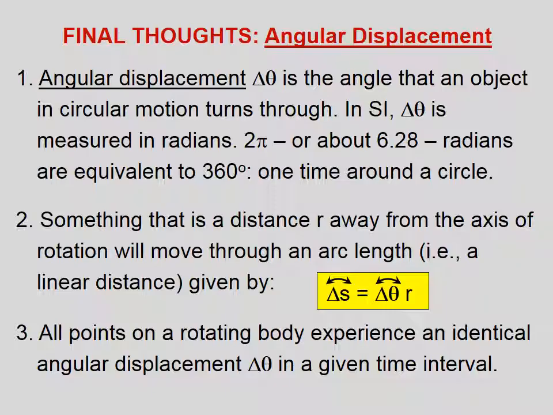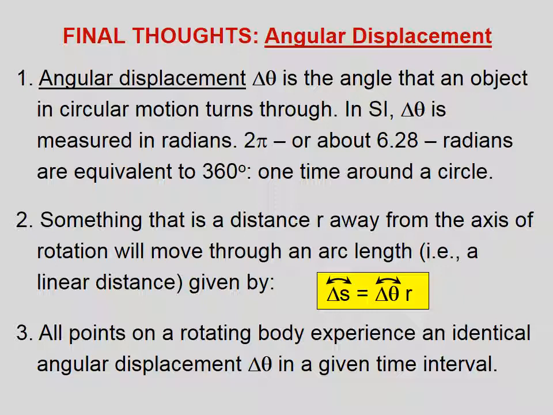Final thoughts on angular displacement. Angular displacement delta theta is the angle that an object in circular motion turns through. In the SI system, delta theta is measured in radians. 2 pi, or about 6.28 radians, are equivalent to 360 degrees, one time around a circle.